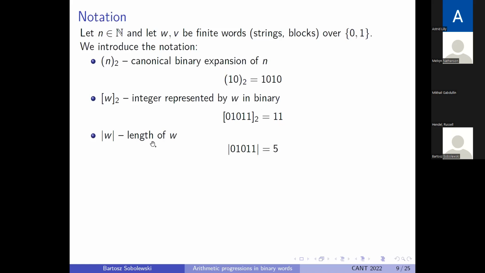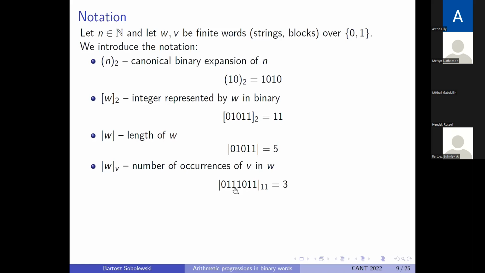Also, we define the length of a word. So this is just the number of letters in this word, or digits in our case. If we add the subscript v, then we mean the number of occurrences of this word v in the word w. So, for example, the number of occurrences of the pattern 11 in 0111011 is 3. And here, again, it is important that we count overlapping occurrences.